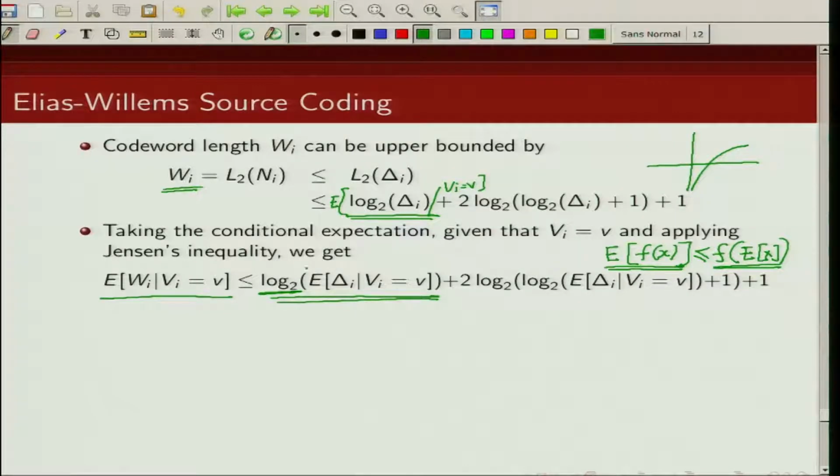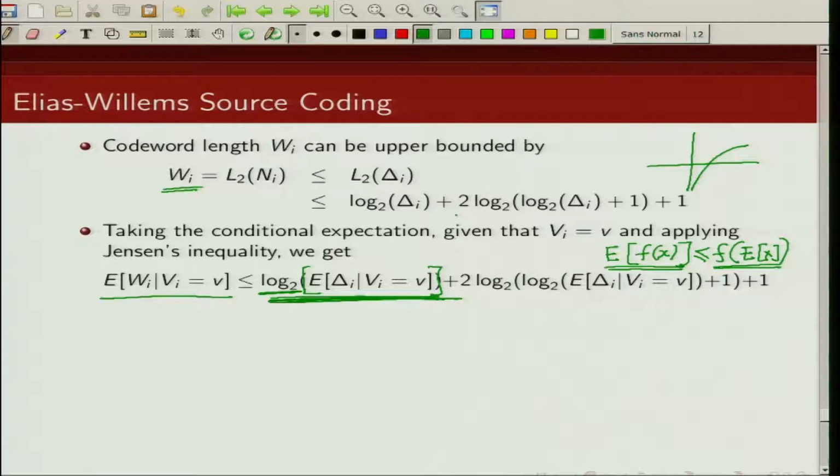In this case it is expected value of delta I given Vi is V. So we did two things here. We took conditional expectation, conditioned on Vi is V, and we invoked Jensen's inequality.